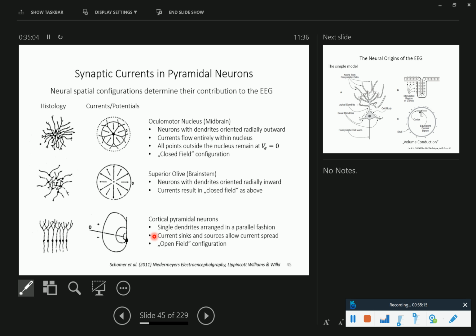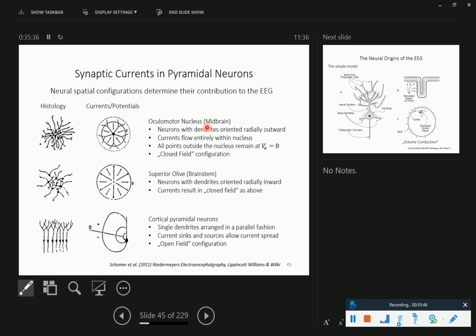So the idea is that if this is happening for a lot of cells at the same time, then just because of the spatial arrangement, these induced potentials don't cancel out as they do, for example, for subcortical nuclei, where the neurons and the dendrites are oriented inward or outward.